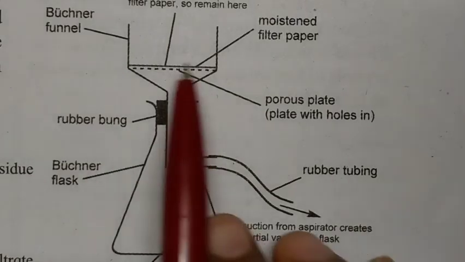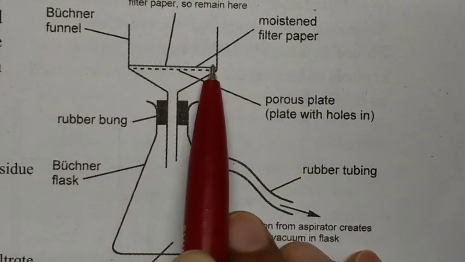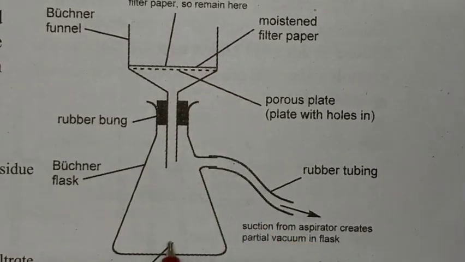The crystals are collected on the filter paper and the filtrate in the flask.